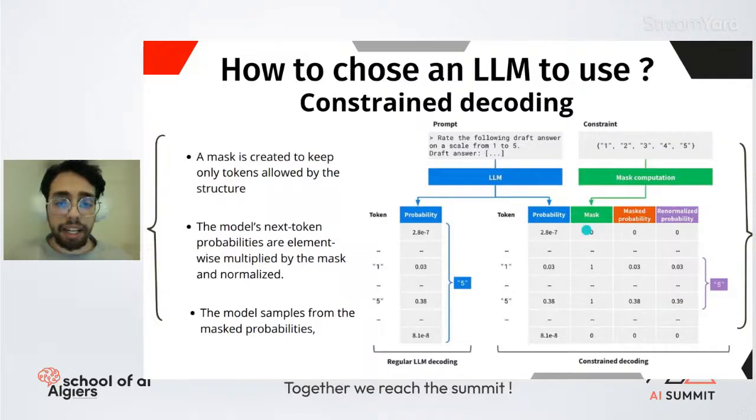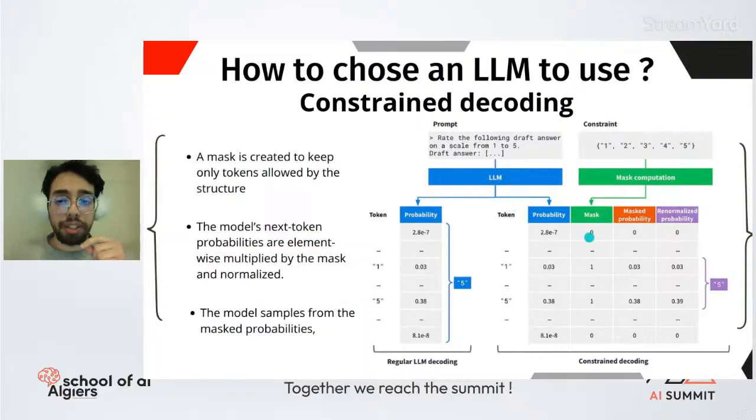As you know, with an LLM, at the end we are sampling from a vocabulary. And the LLM will output the next token that is most probable.